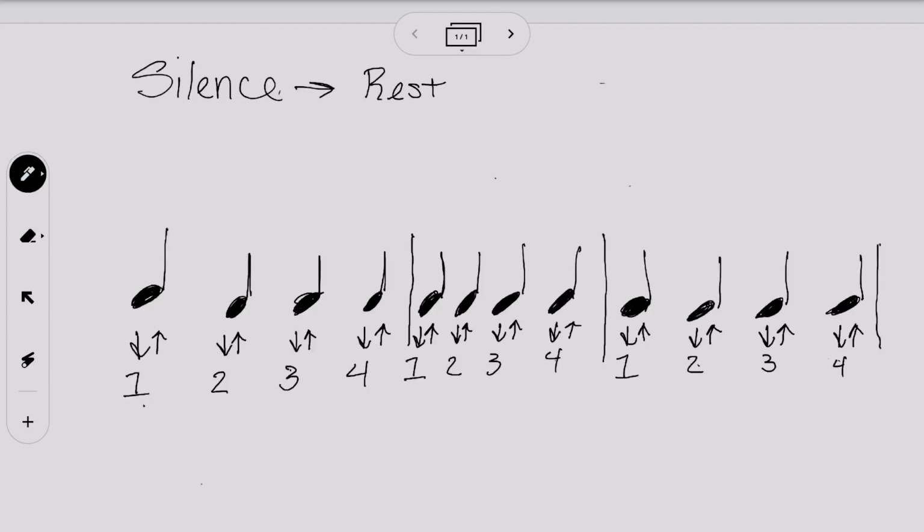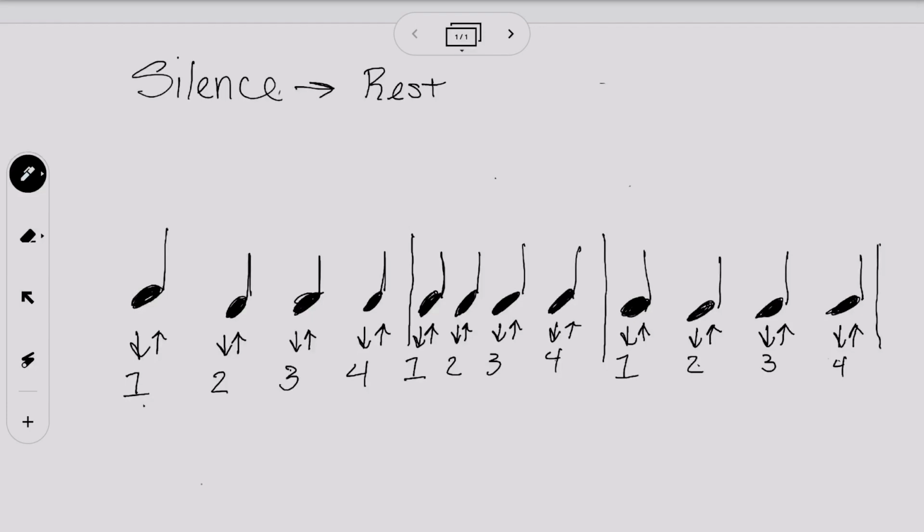In music, a rest gives you the opportunity to catch your breath, or it gives another opportunity for other instruments to play certain notes, certain things that stand out in the music. Now, for every kind of note that we see, we have a rest that matches.